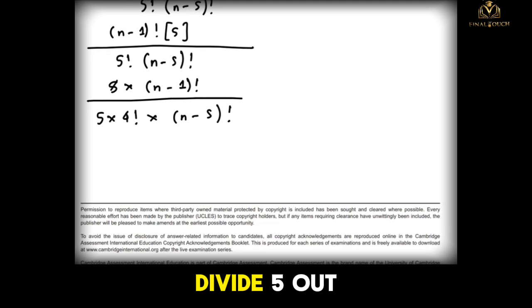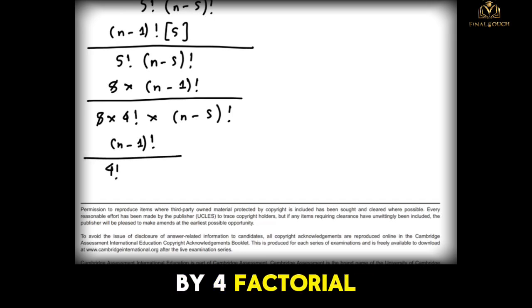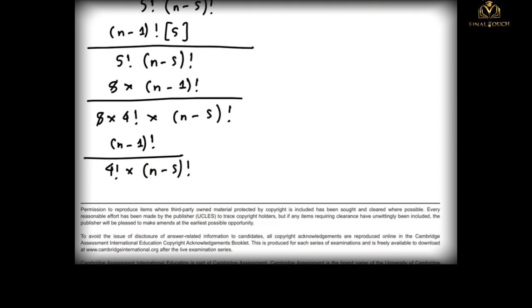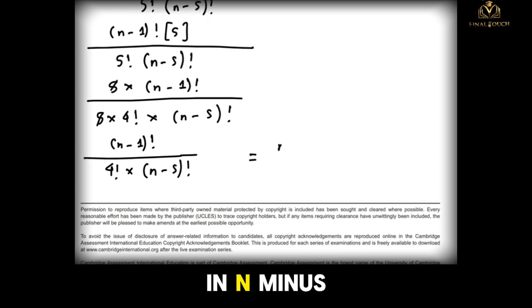So we can just divide 5 out. We end up with n minus 1 factorial divided by 4 factorial into n minus 5 factorial, which is our final answer, as in n minus 1 combination 4.